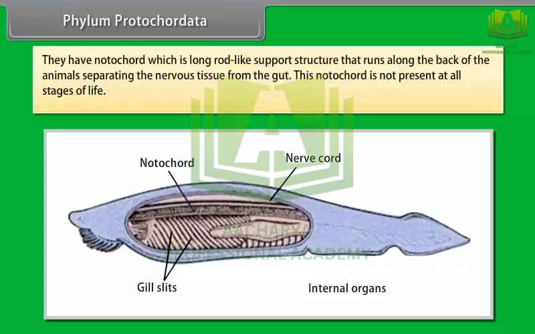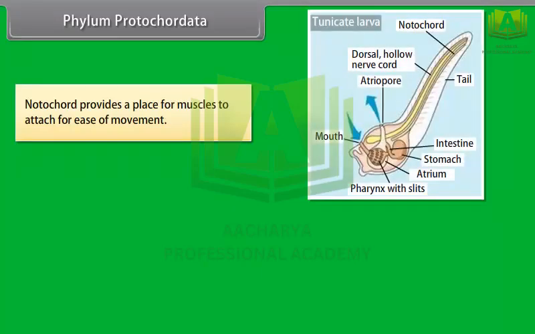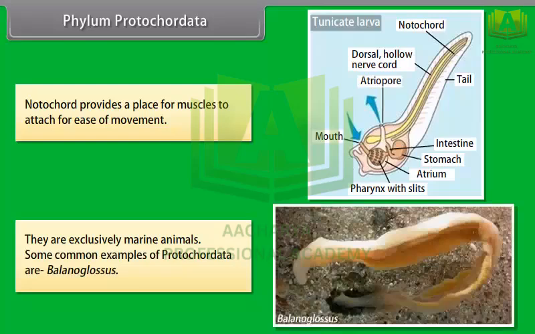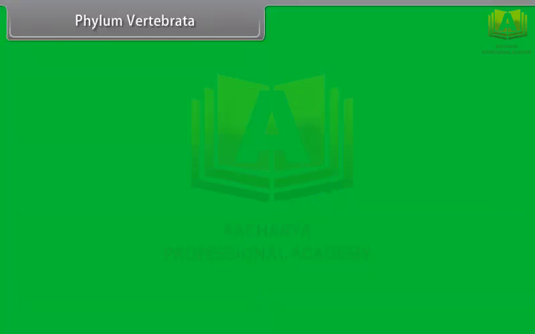This notochord is not present at all stages of life. Notochord provides a place for muscles to attach for ease of movement. They are exclusively marine animals. A common example of protochordata is Balanoglossus.